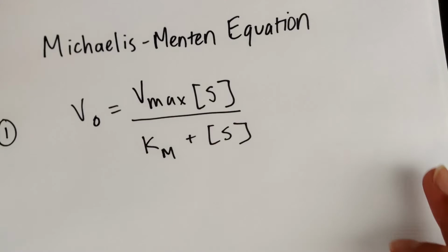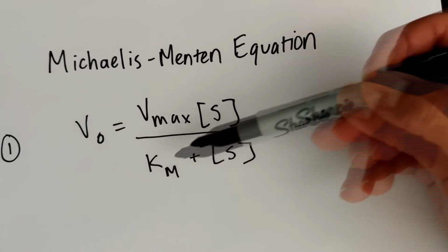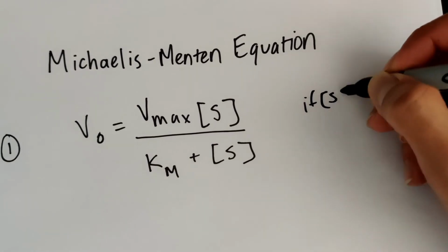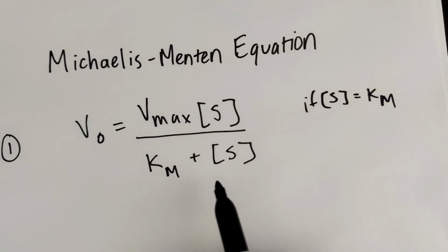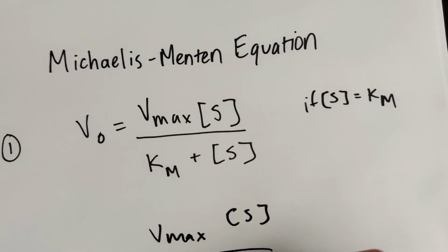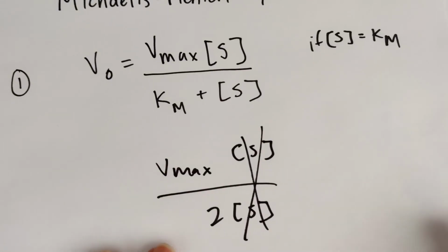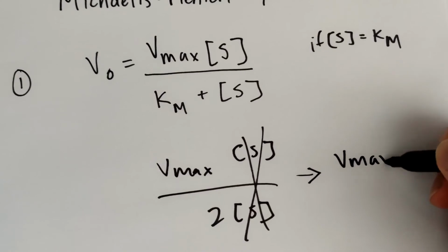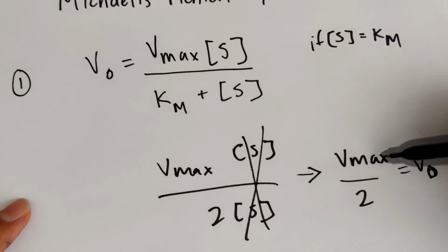So Km, now what's the importance of Km? Well, if we consider if the Km is equal to the substrate concentration, if they're both equal, what happens is that the substrate concentrations will cancel out, so that all we're left with is that velocity is equal to half Vmax.